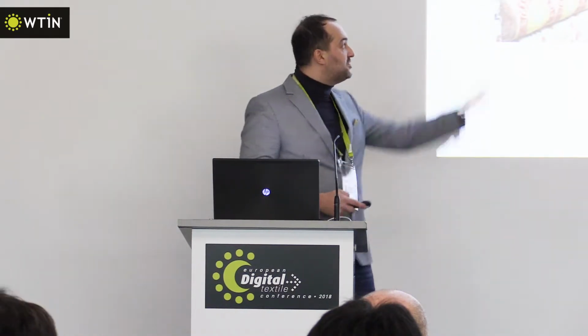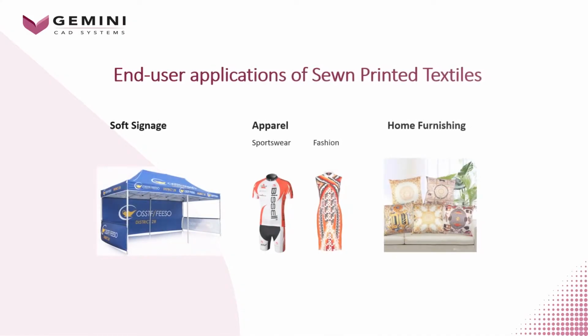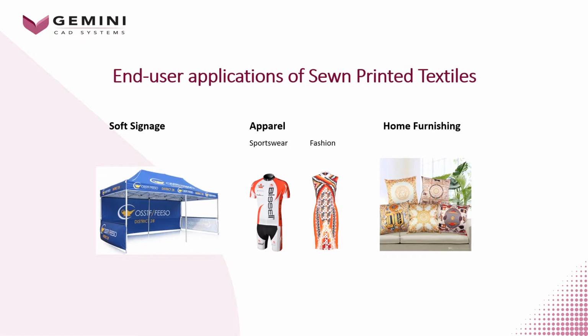From our point of view, when we talk about the middle part, because again, shape, this is where we are specialized, in the middle, where we already have a shape in our mind, and that shape must be designed somehow. There are several applications. We were born and raised, and this is our main experience, in apparel. In sportswear and in high-end fashion, we have the shape, because this defines the product, and we have the artwork applied on the shape.